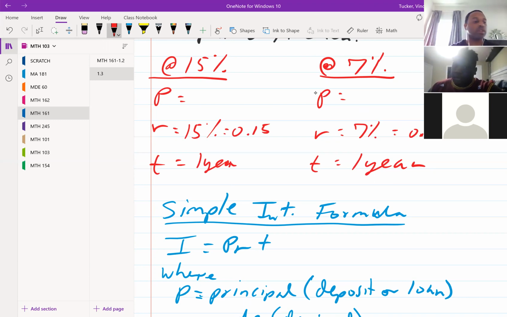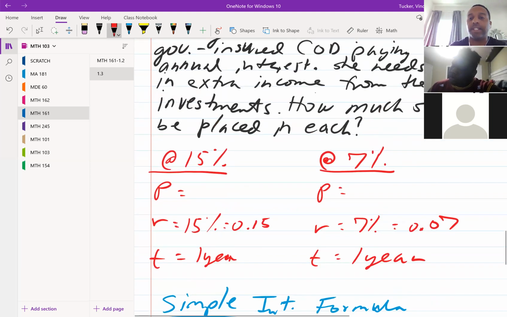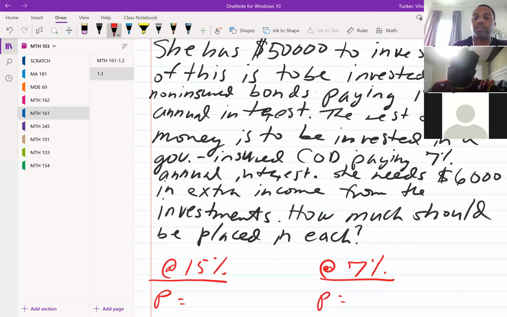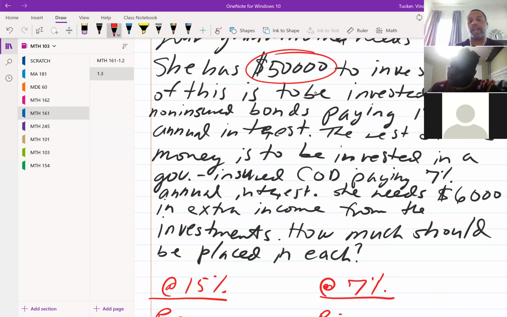So now, the tricky part here is how you would set up the representation for the principal deposit in each account. So $50,000 is the total amount that she has.